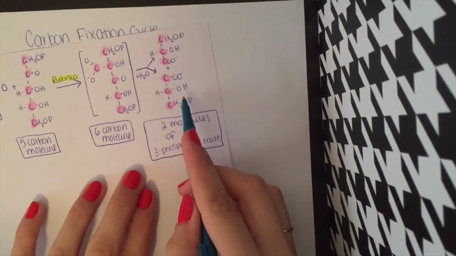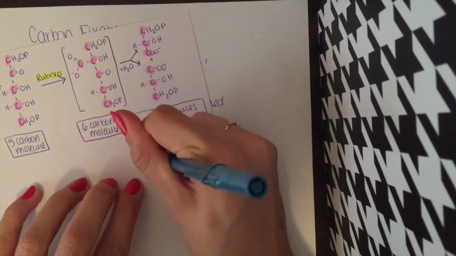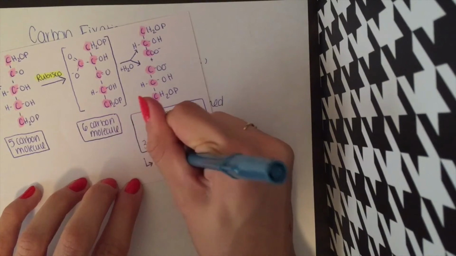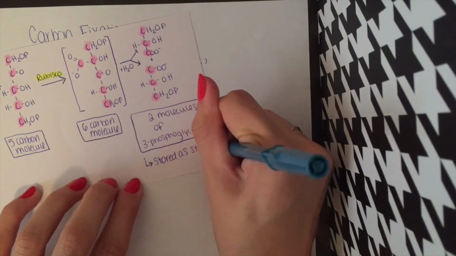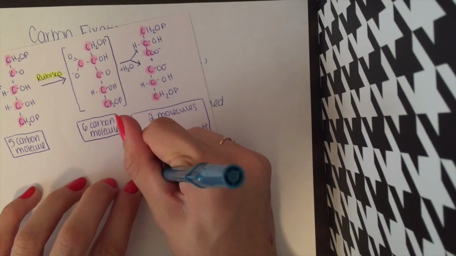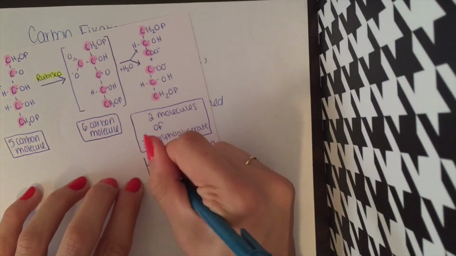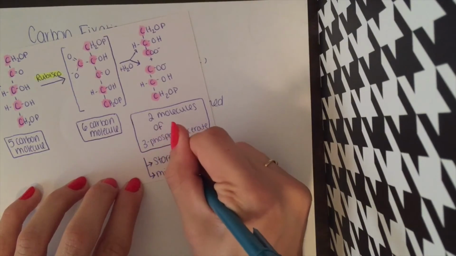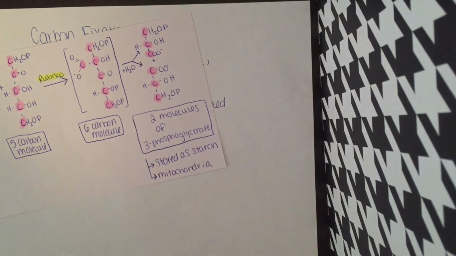So these can either be stored as starch, or they can go to the mitochondria and be used for cellular respiration, which I think you have already covered.